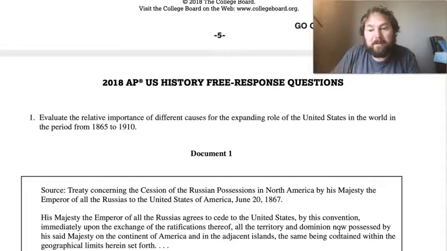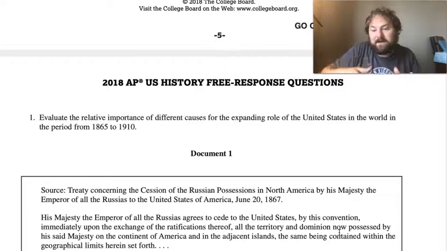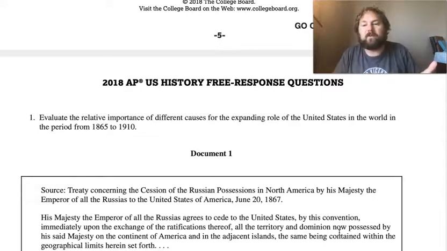Okay, I need to put him in my paper. Teddy Roosevelt, I need to put him in my paper. Spanish-American War, that needs to be in my paper. And so you have this list of things that you're going to talk about. Some of them might be super directly in the documents, but some of them might just be hinted at in the document, and what you talk about is going to help you explain the document really well.